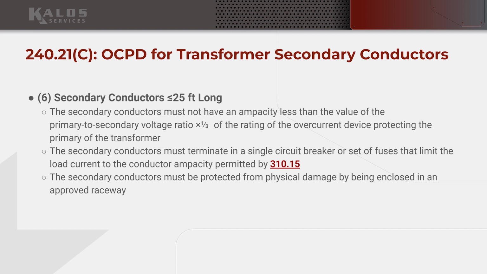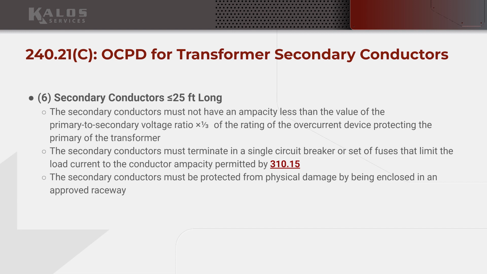Because if our goal is to follow code, follow rules, to have a correct installation or as close to correct as we can get, we do want to make sure that we're covering these things. But is it going to burn down the building? Does it really introduce any electrocution risk or anything? No, because those conductors are going to be limited. There's no additional current that's going to be introduced onto those circuits. It's all still going to be limited by that breaker.